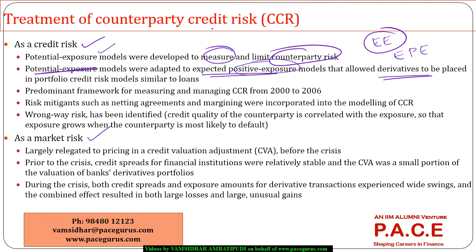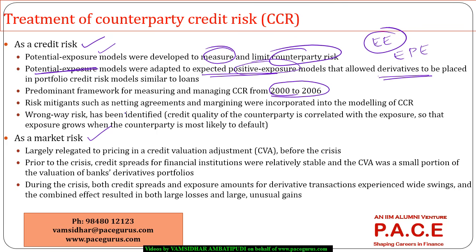And to a large extent, between 2000 and 2006, counterparty credit risk was treated as a part of credit risk itself. That kind of assumption was one of the major bases or frameworks for managing counterparty credit risk during the 2000 to 2006 period.